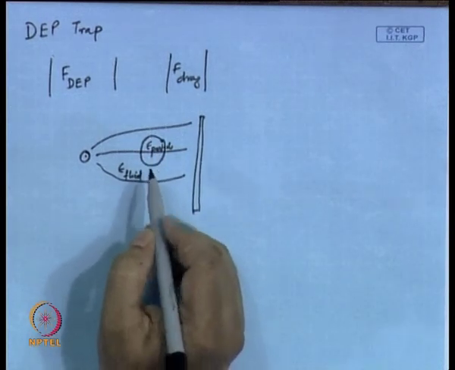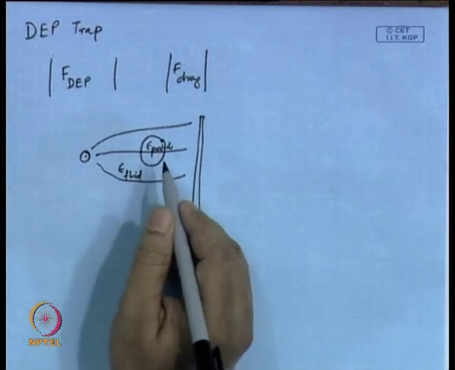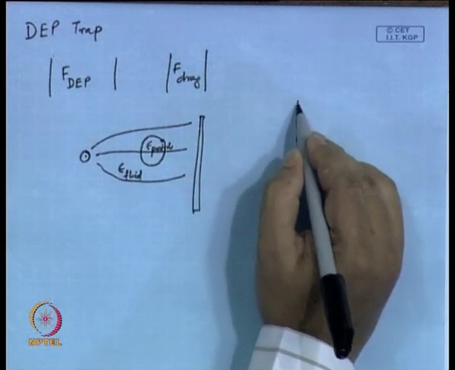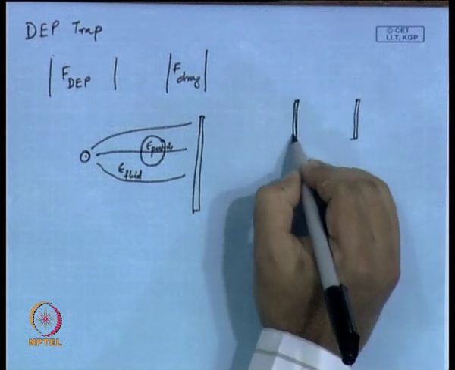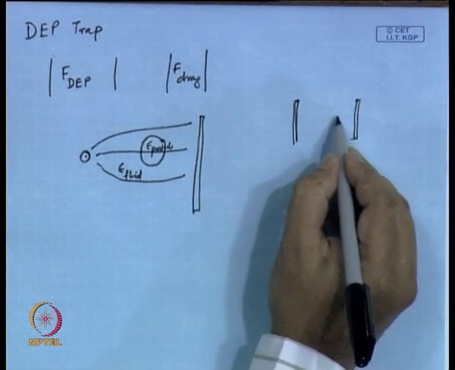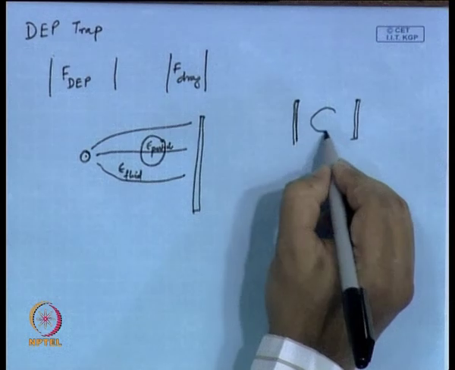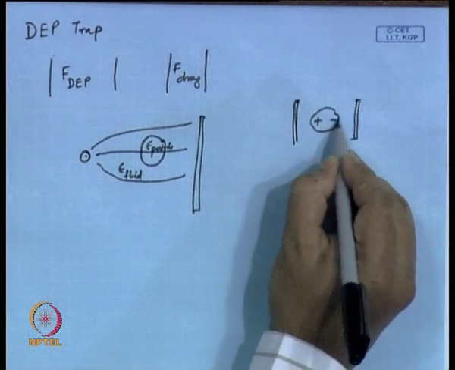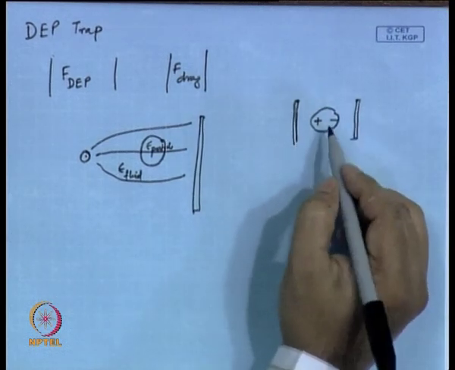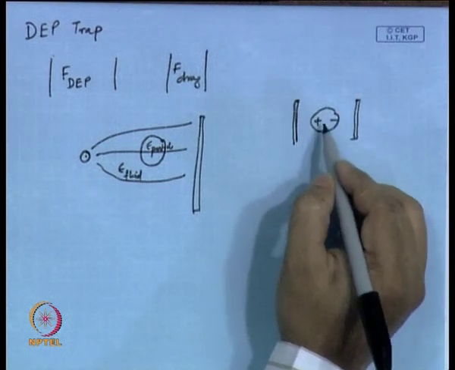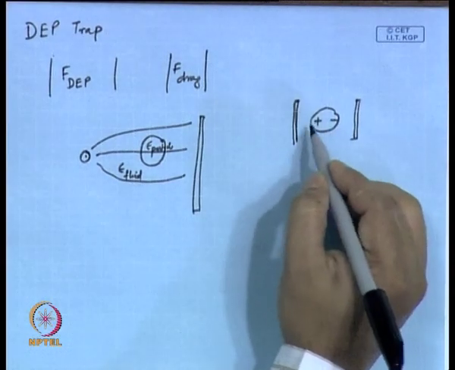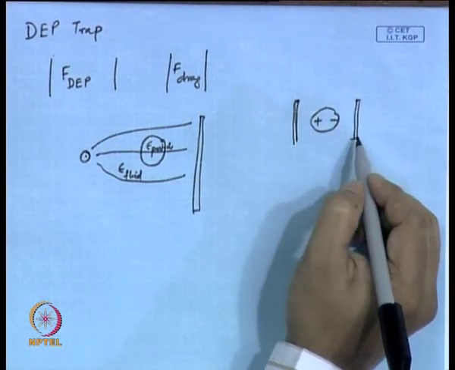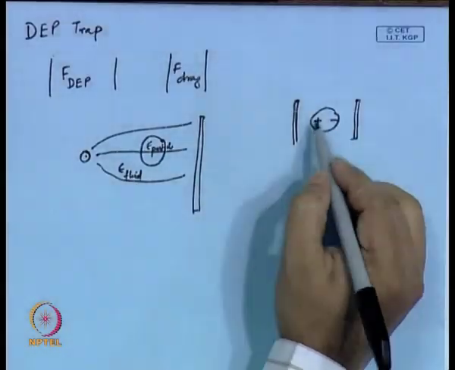I pointed out that if you have a planar electrode, just the way a capacitor works, the charges will align, or the particle itself will align, such that these charges are consistent with the electric field. So, this alignment is always there.